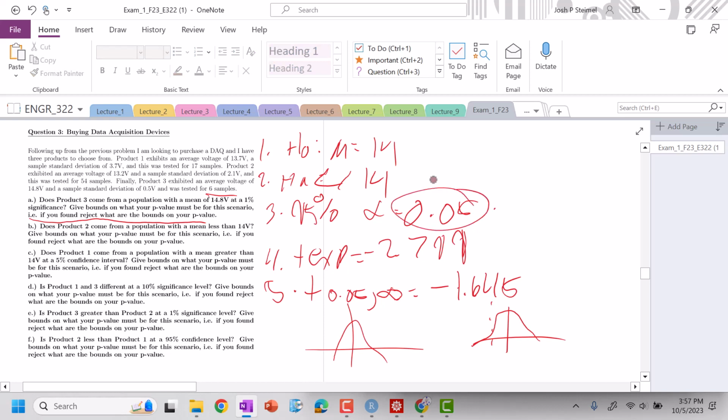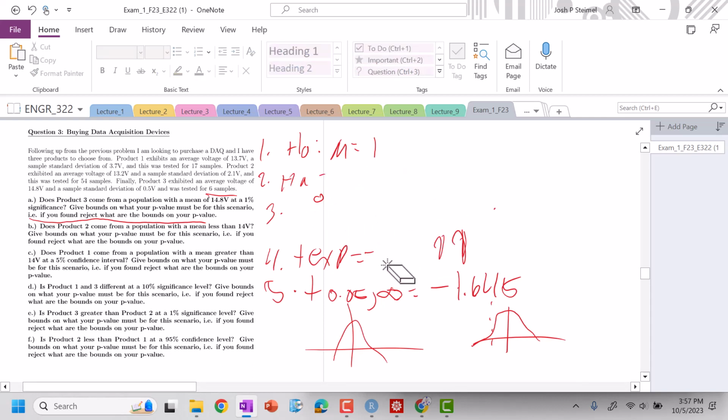All right. And then finally, let's erase. Does product 1 come from a population mean greater than 14 at the 95% confidence?